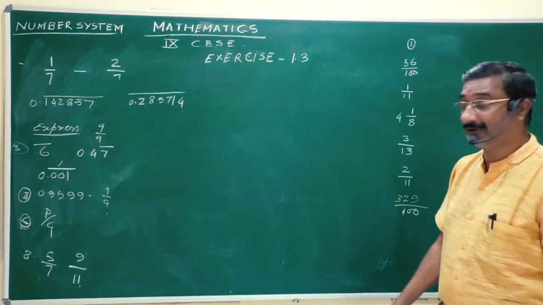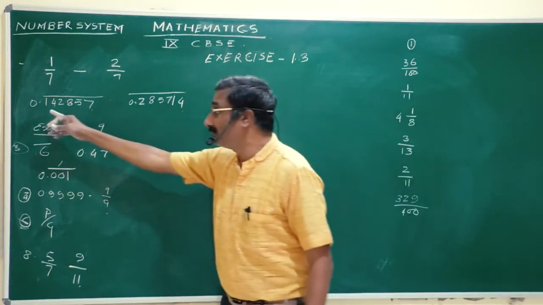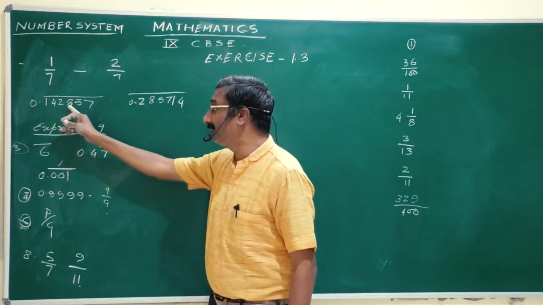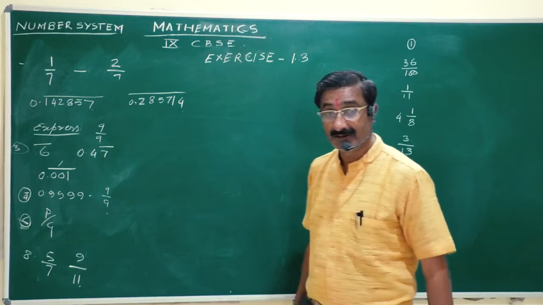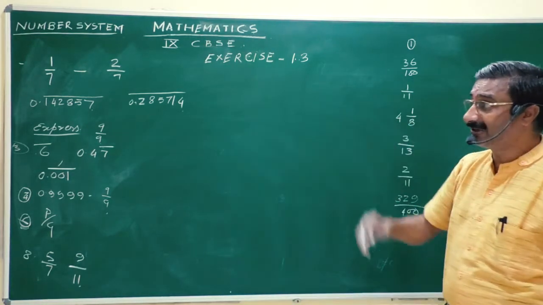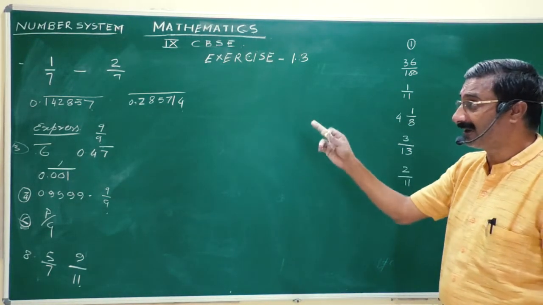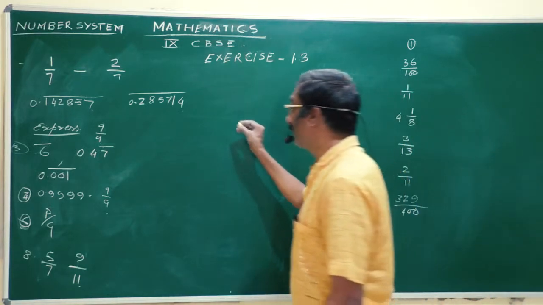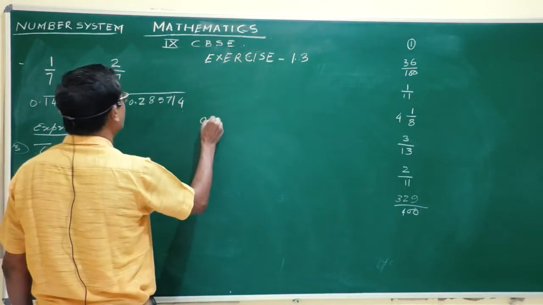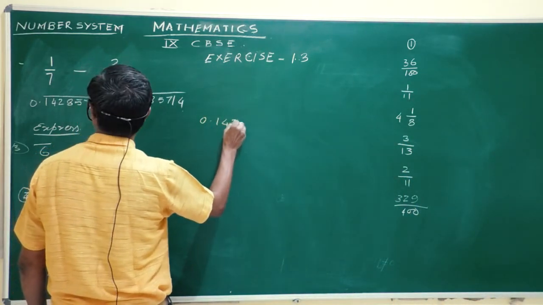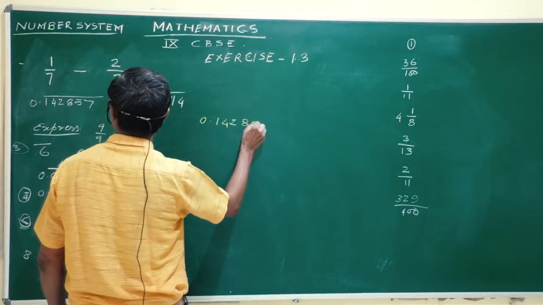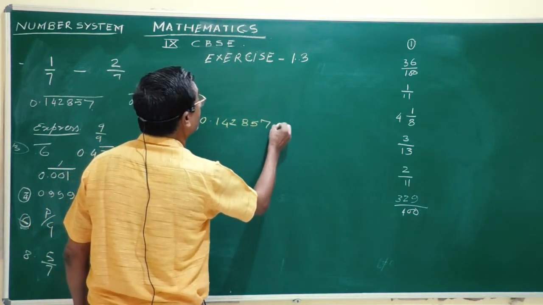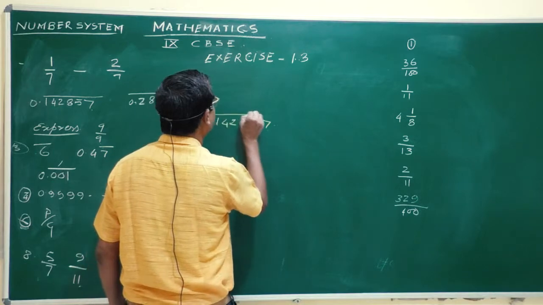1 by 7, as we have calculated, is 0.142857. Clear? And it is repetitive in nature, there is a bar on it. So I will write 0.142857 with a bar.